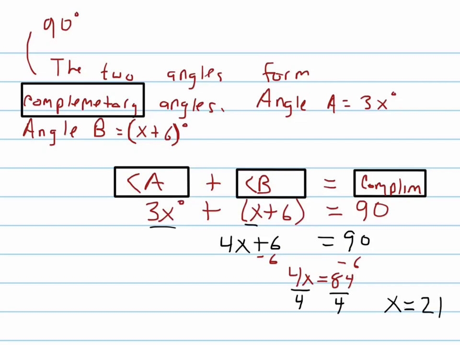Angle A equals 3x. So angle A equals 3 times 21, which equals 63 degrees.